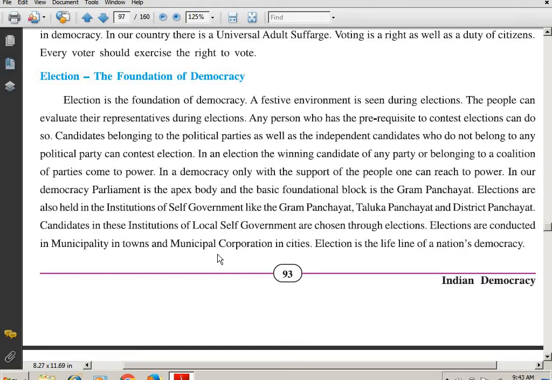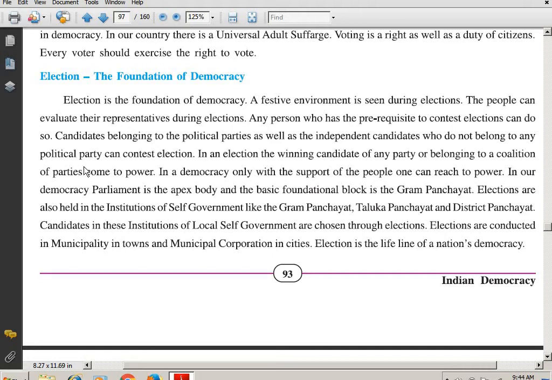Candidates belonging to political parties as well as independent candidates who do not belong to any political party can contest elections. So students, every person has the right to campaign, and the person who feels so can go ahead.